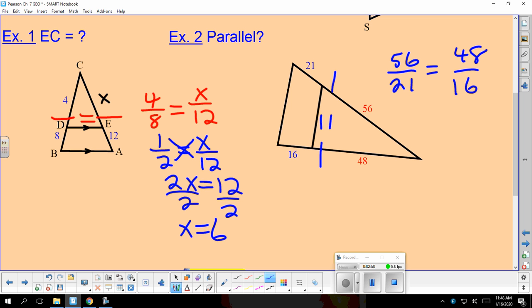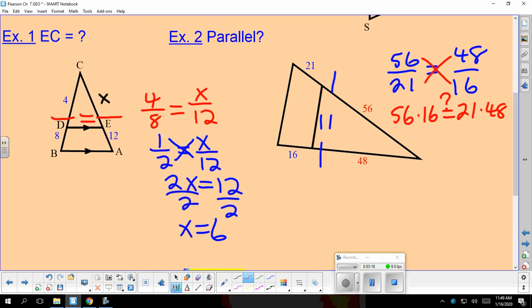Remember I showed you a couple different ways to see if a proportion is true. The first, we can reduce those fractions to see if we get equal fractions. Or I can just divide with my calculator and see if I get equal things on both sides. Or the last way, probably the easiest, cross multiply and see if we get the same numbers. So does 56 times 16 in fact equal 21 times 48?